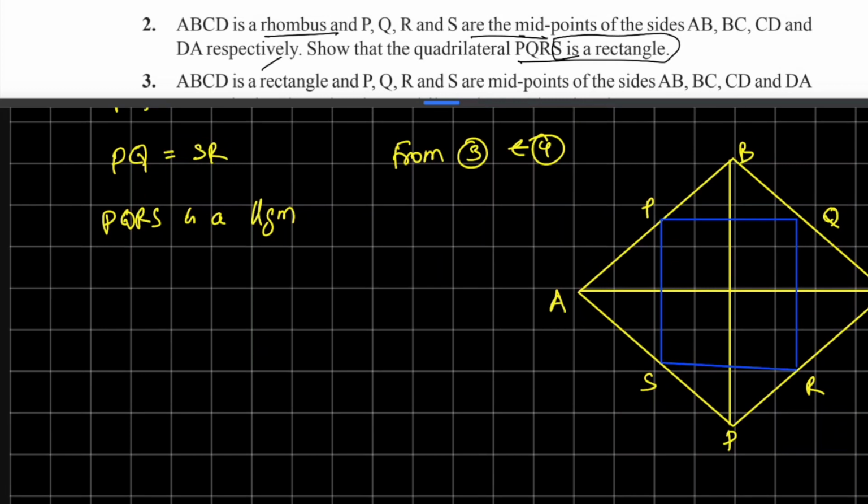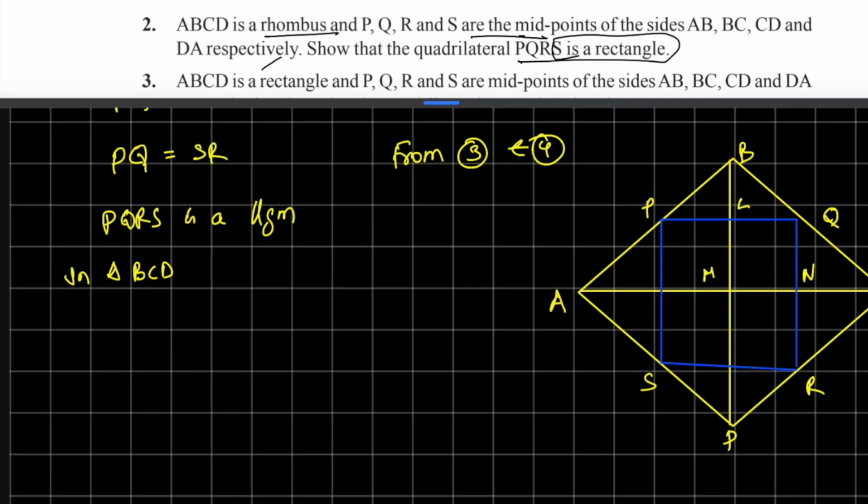First of all, name the points L and M, which we are going to use. Consider triangle BCD. In triangle BCD we are again going to apply the midpoint theorem.